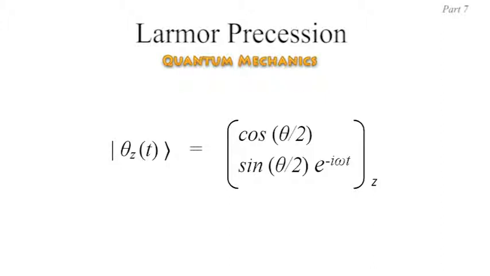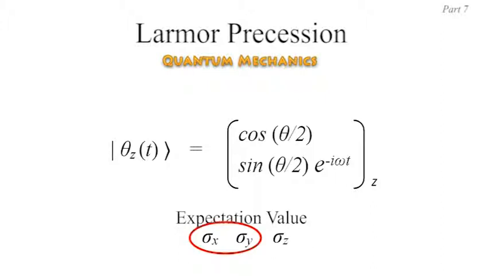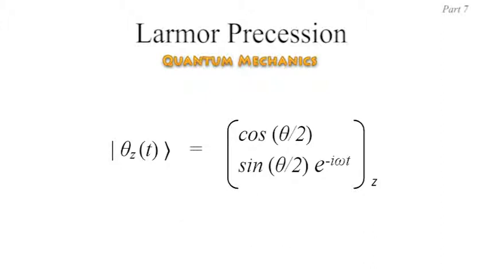If we want to look at Larmor precession, we need to investigate, therefore, the expectation value of the sigmas for this state, especially sigma x and sigma y, as they're the ones that we suspect will change with time. The expectation value of sigma z should not change, but we could always evaluate that as well, just to make sure.